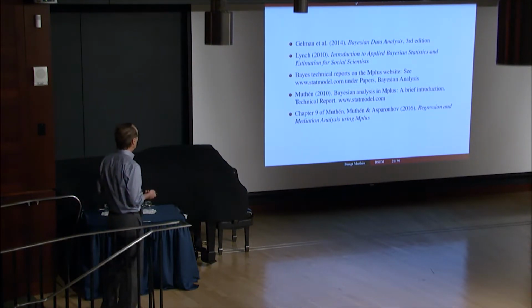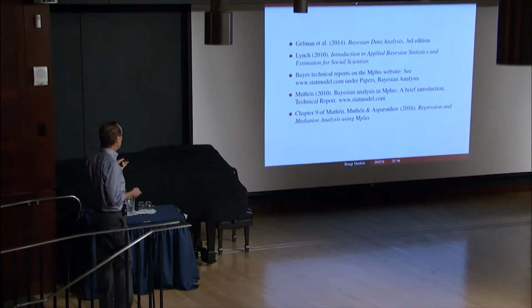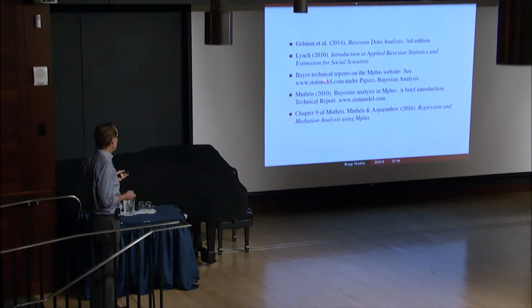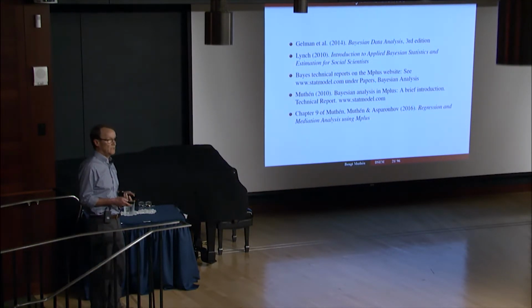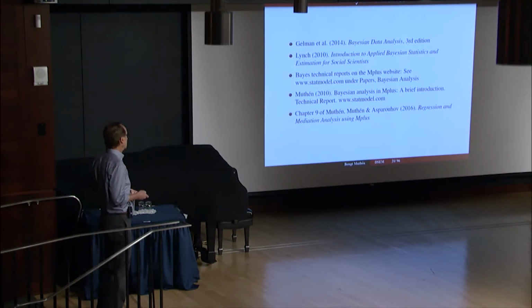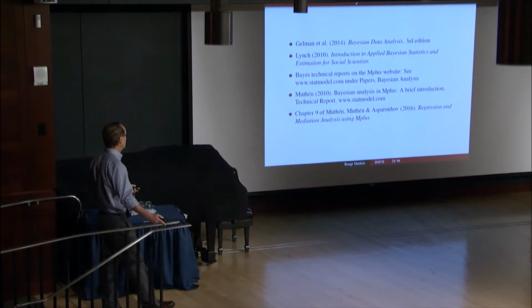All right, if you want to read more about Bayes, and if you're statistically oriented, you should read this book. I recommend that. There are many others, of course. A more applied one is the Lynch book. We have lots of Bayes technical reports on the Mplus website under papers, Bayesian analysis, which documents very carefully everything we do. And that was written for version 6, so it goes back to 2010, I think.